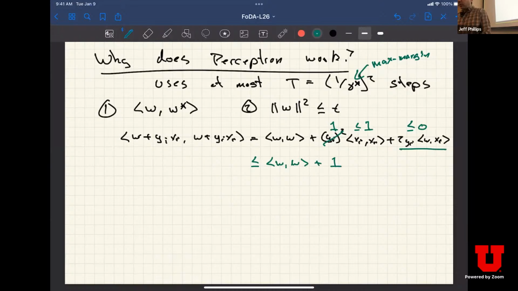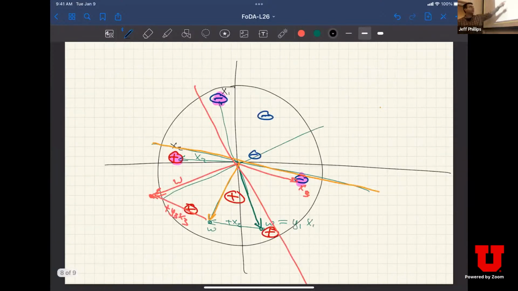So this is less than or equal to the old squared norm of W plus 1. So if I take T steps, after lowercase t steps, this is going to be at most T. So I'm going to say that the length of the W I found is less than T after T steps. So the length of that vector I found, remember, it can grow outside the ball, but it can't grow too fast.